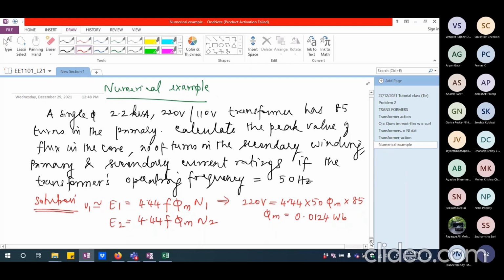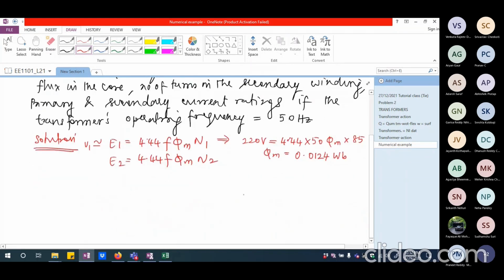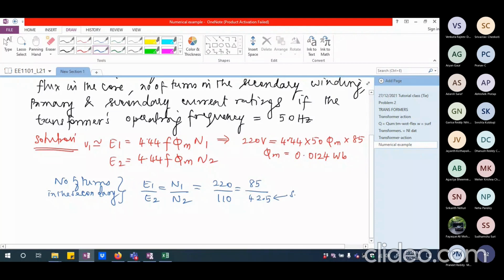Now to calculate the number of turns, E1 by E2 will be equal to N1 by N2, which is 220 divided by 110. And N1 is given to be 85. So N2 is half of that, which will be 42.5 turns. So this will be the secondary turns.